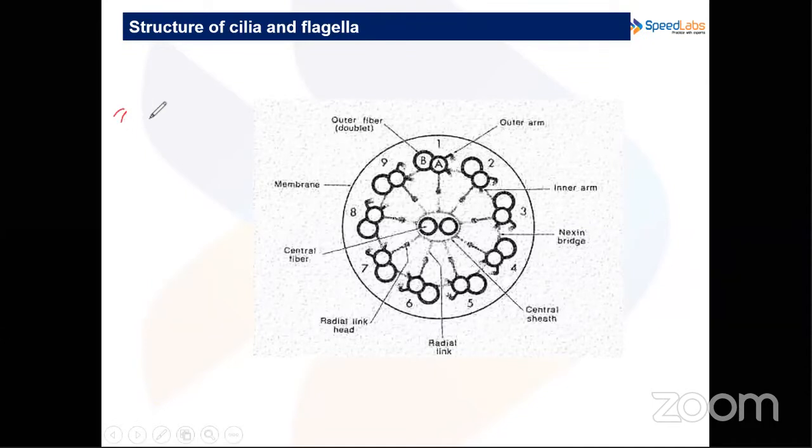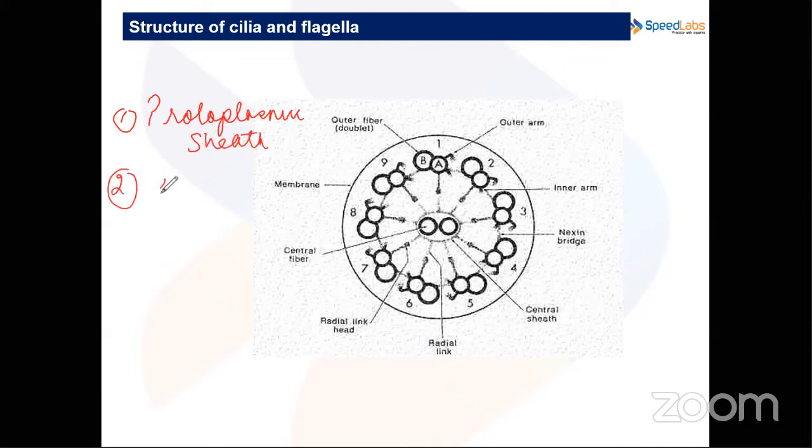The first is the protoplasmic sheath. And the second is the axoneme. All right. So you have two parts in the structure of cilia and flagella.